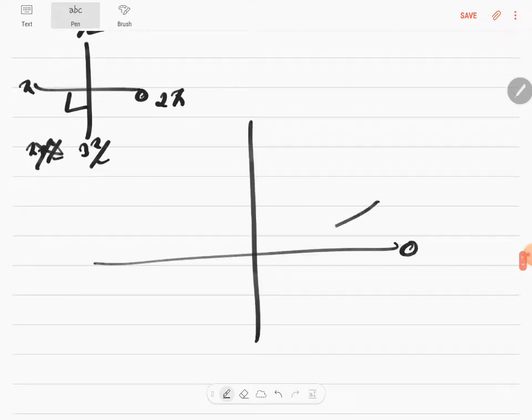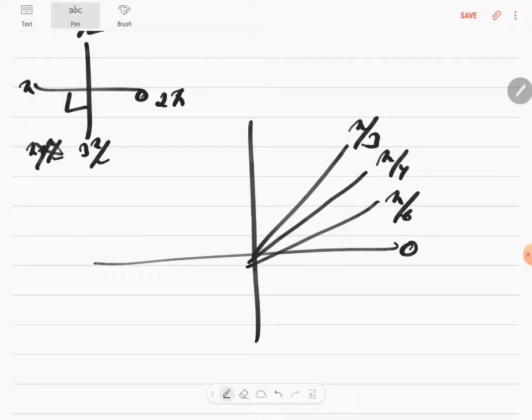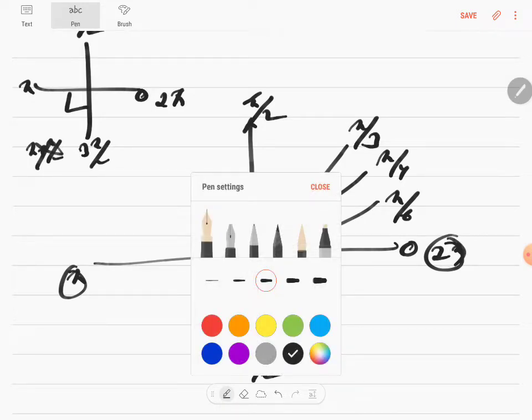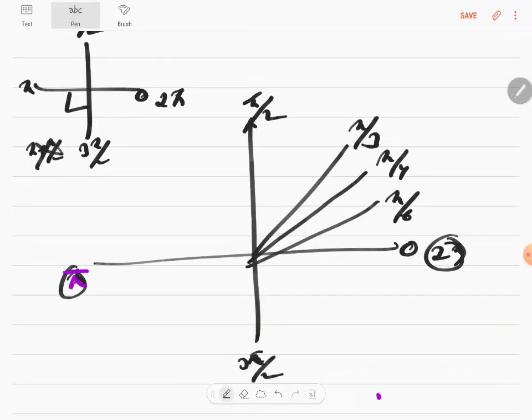So I want you to memorize all the radians. This is 0 radian, 30 degrees is pi by 6 radian, 45 degrees is pi by 4 radian, 60 degrees is pi by 3 radian, 90 degrees is pi by 2 radian, 180 degrees is pi radian, 270 is 3 pi by 2 radian, and 360 degrees is back again 2 pi radian, double of pi. Suppose they ask you for an example of a second quadrant angle, you know it's 180 minus 30.